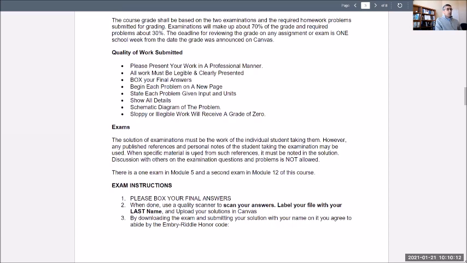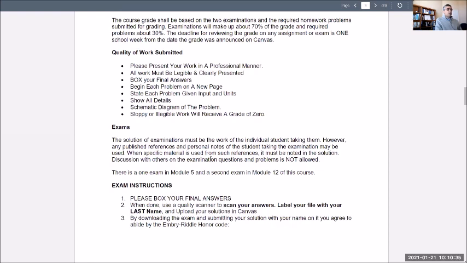When specific material is used, you want to reference this material, and it must be noted in the solution. Of course, if the exam is open book. If the exam is closed book, I may give you an equation sheet, and this is the only thing you're allowed to use. For an exam, you are not allowed to have any discussions or talk about the exam with anyone else.